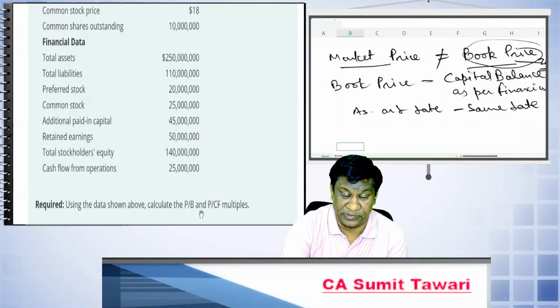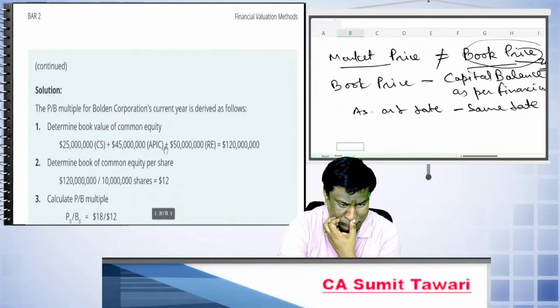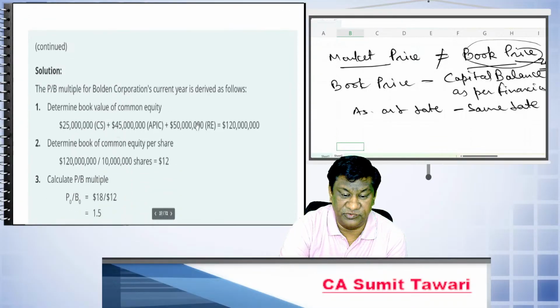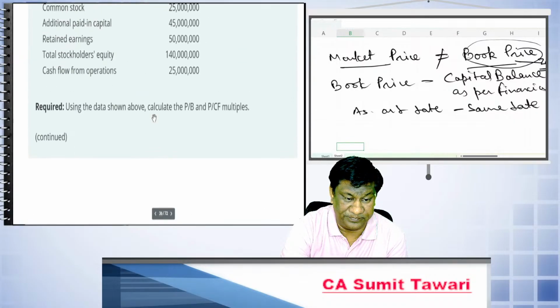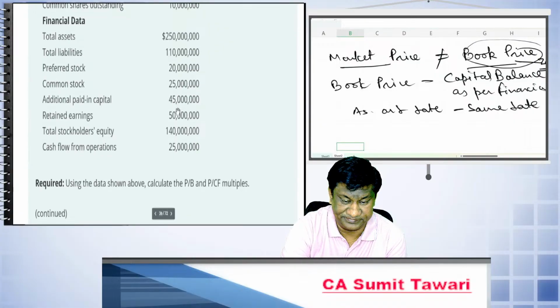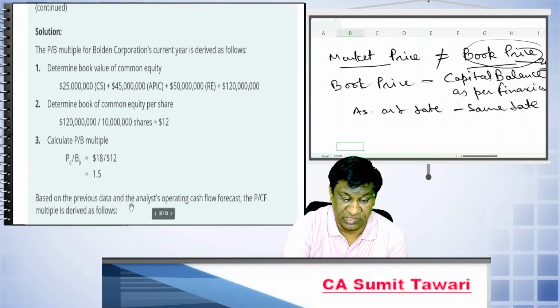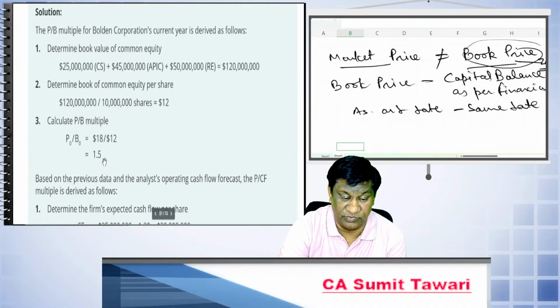For price to book ratio, you take common stock, additional paid-in capital, and retained earnings, so you do not require the preference share capital. We are not going to take 25, 45, and 50. Take 25, 45, and 50, 120,000, and determine the book equity per share. The number of shares is given. So P0 by B0 equals 1.5. This is basically the price to book ratio.